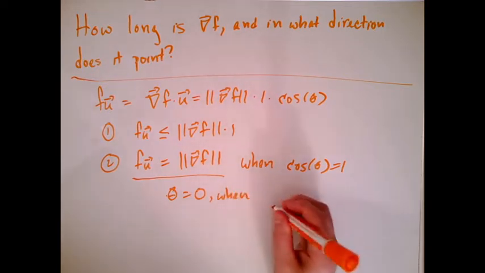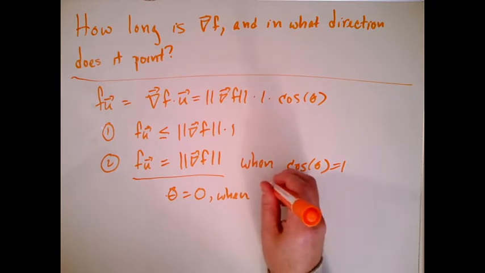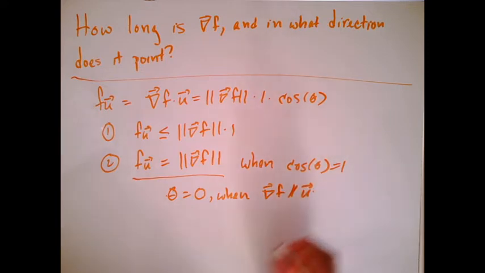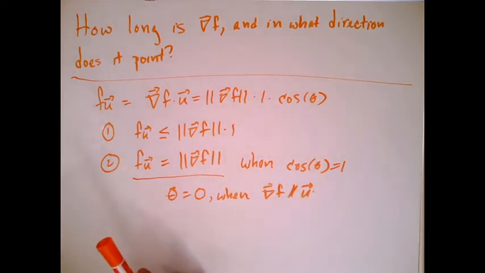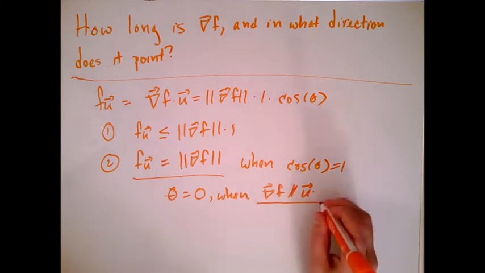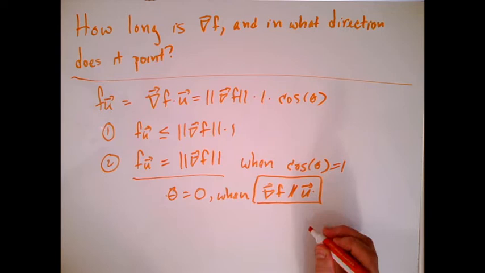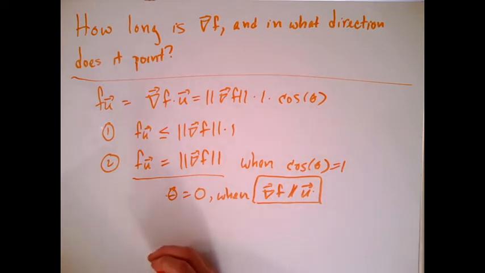Because this only happens when the gradient vector is parallel to the direction of the chop. In other words, the slope can only be as big as it possibly can be, and that's the length of the gradient vector, when we chop in the direction of the gradient vector.